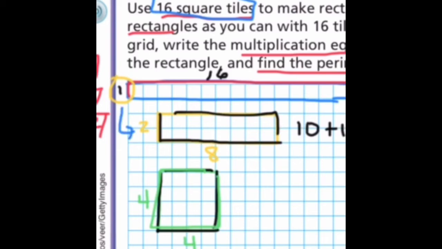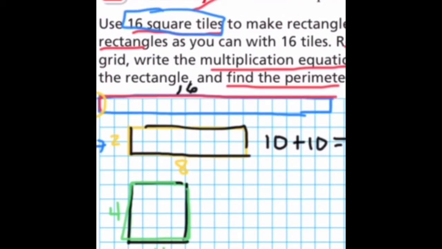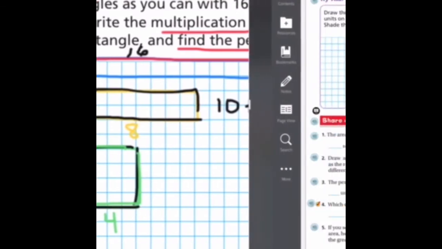Do I have a 2 times something equal to my area, which was 16? And I did, 2 times 8. Then I tried 3. I couldn't make 3 times something equal 16, so I had to skip that. And we finally went to 4 because 4 times 4 equals 16. So I just went kind of in order, right? I have a pattern, and that way I don't miss something.